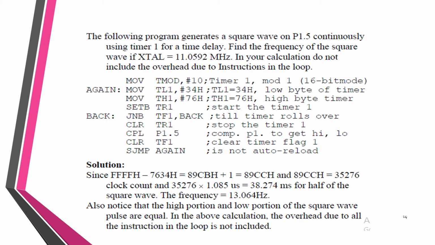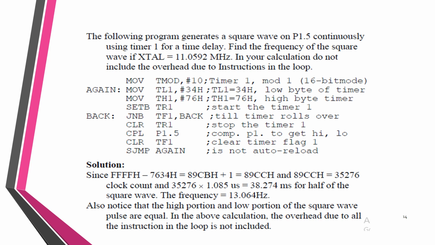So the lower nibble is 0 and the upper nibble is for timer 1, with only the mode 1 setting, that is 0 1 in the D4 and D5 bits. The upper D6 and D7 bits are to be made 0, because C/T corresponds to counter/timer. We are using timer operation, so that must be 0, not the counter.